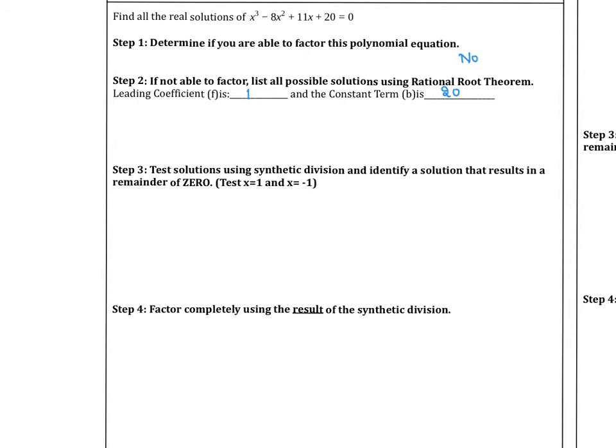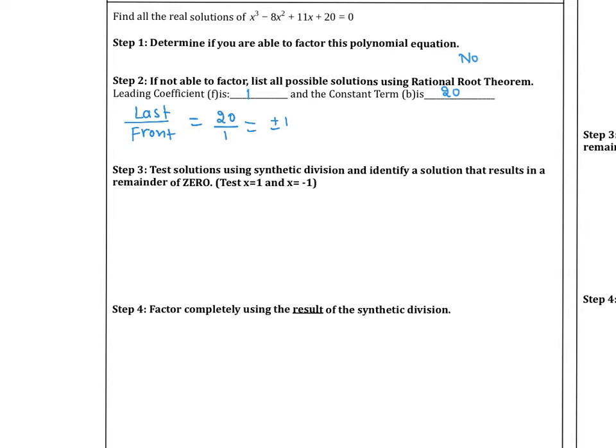Now we are going to find the factors of the last number divided by the factors of the front number. So the last number is 20 and the front number is 1. Factors of 20 are plus or minus 1, so you need to take the integers.